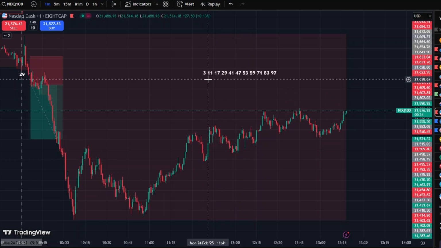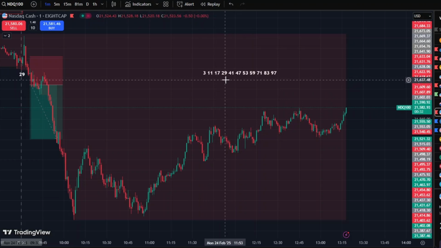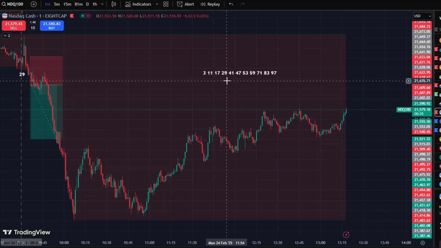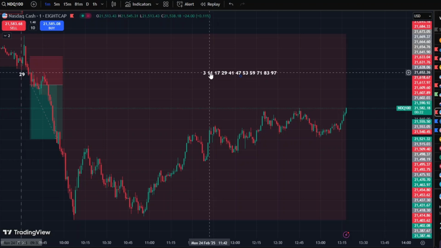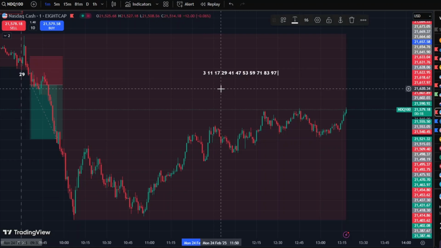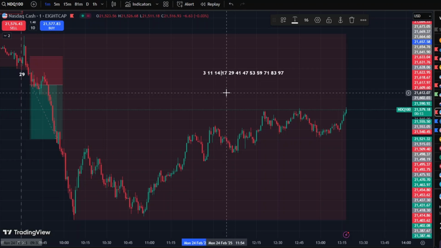So the idea is between the big gaps, we have CE numbers, the 50% of the gaps. Let's take an example. Between 11 and 17, there is 14. Between 17 and 29 is 23.